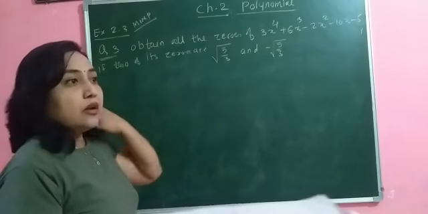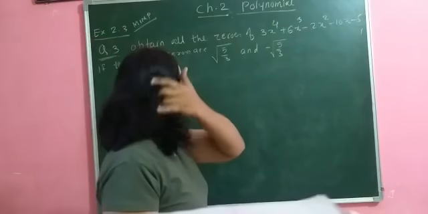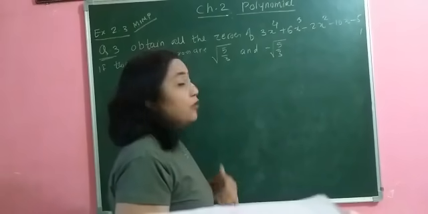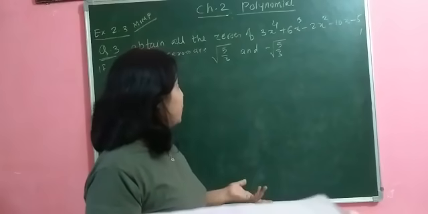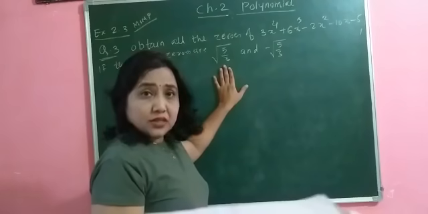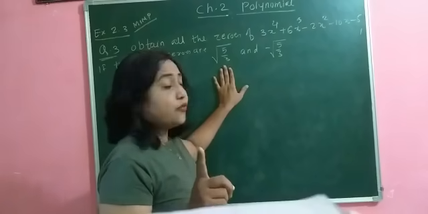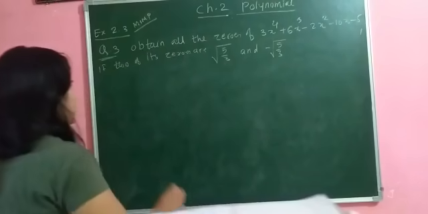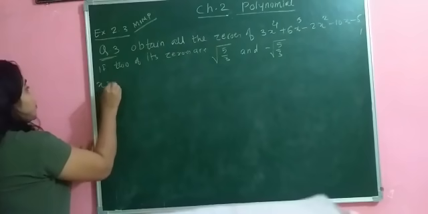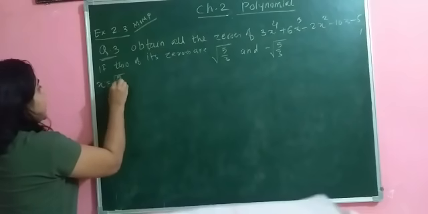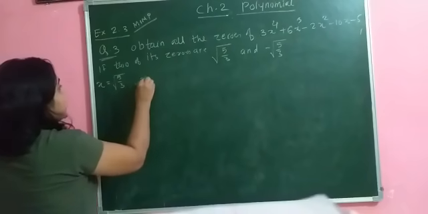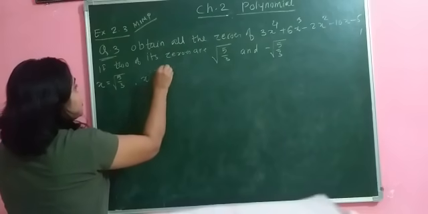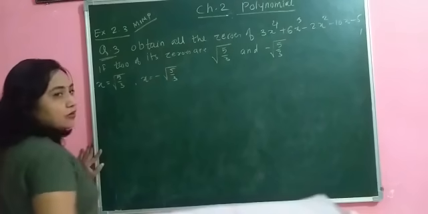So whenever 2 zeros are given and they are saying that find out the other 2 zeros, what we have to do? You know that this is the zero, means the first value of x is this and the second value of x is this. So I am writing x is equal to root 5 by 3 and x is equal to minus root 5 by 3. Okay.